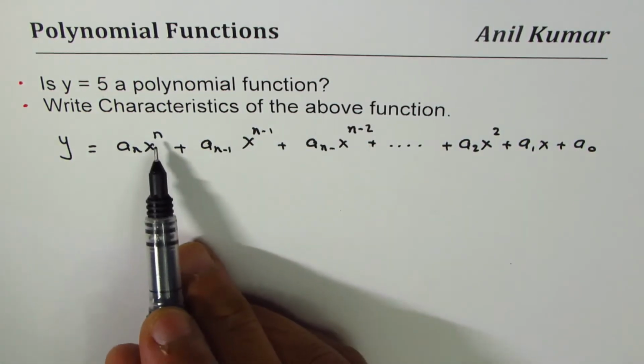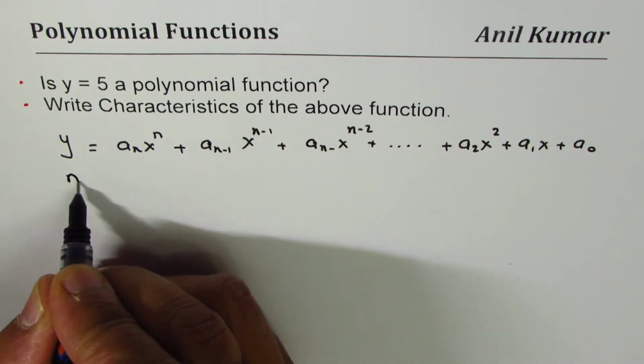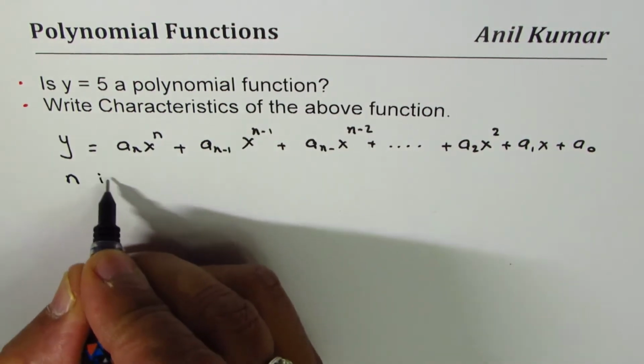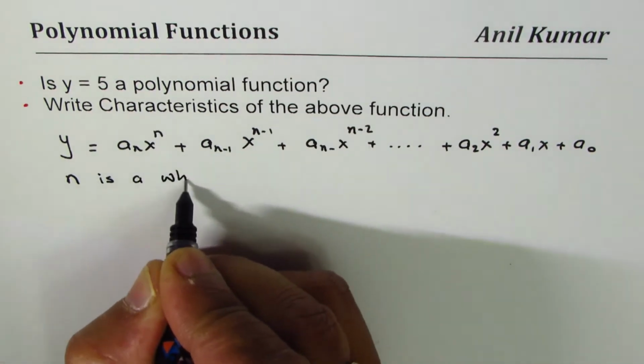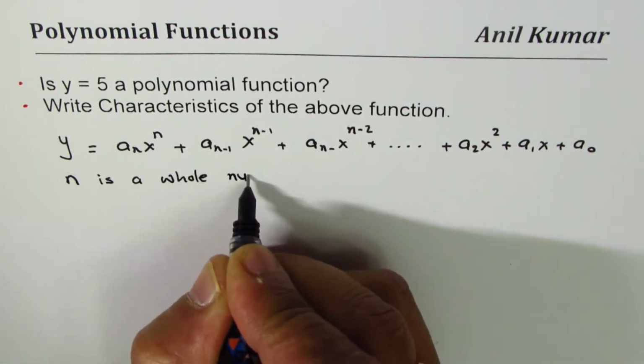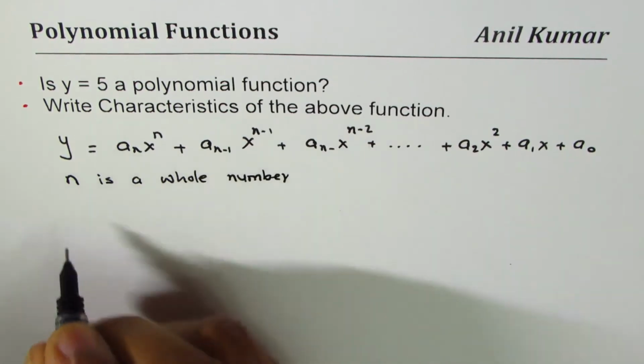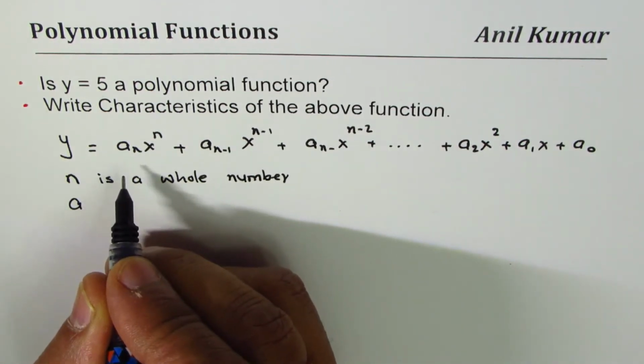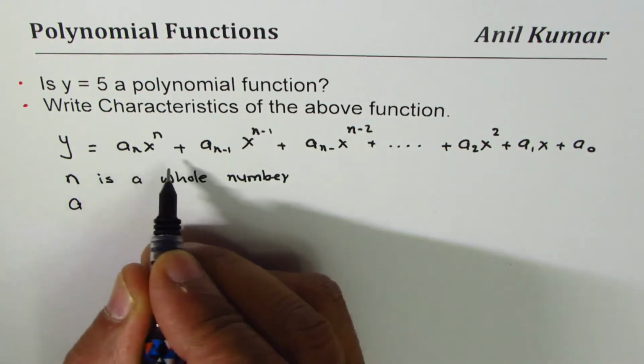Now here, what is n? N, the exponent of the variable x, is a whole number. How about a? A, in general, will be any real number.